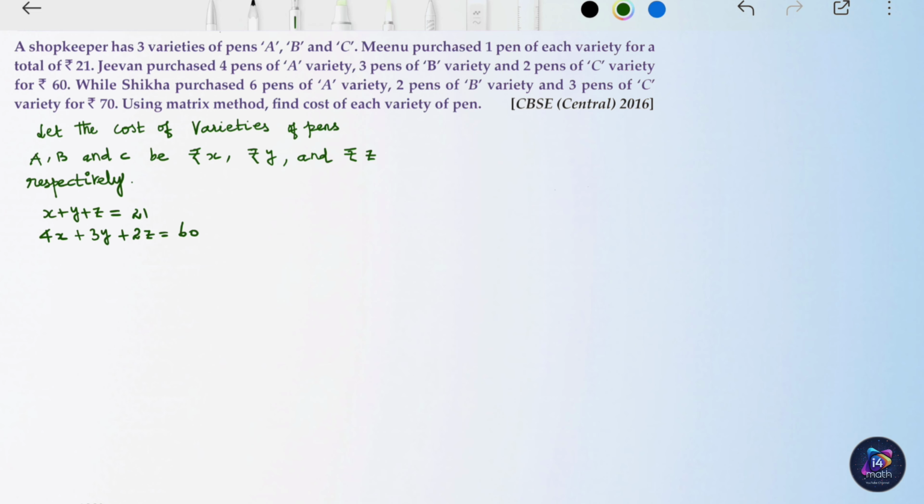While Siksha purchased 6 pens of variety A, that means 6X plus 2 pens, 2Y, and 3 pens of C variety, that means 3Z, which is equal to 70.